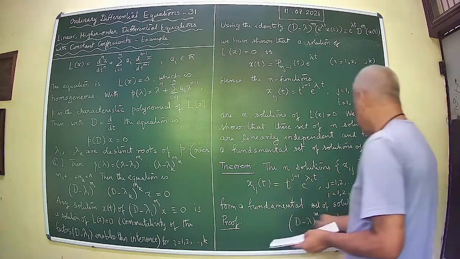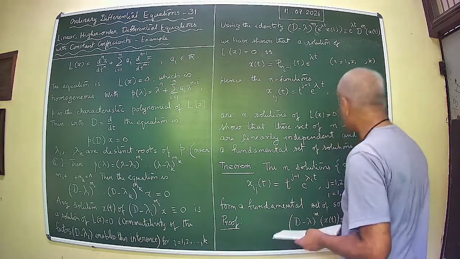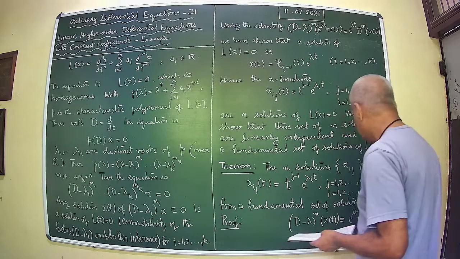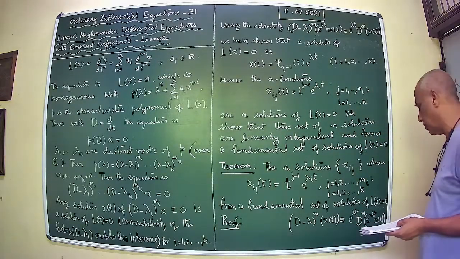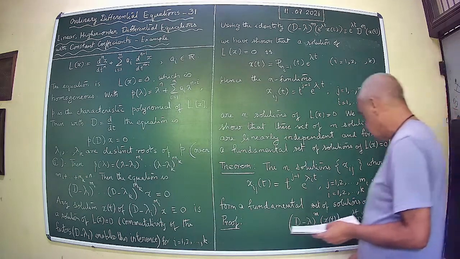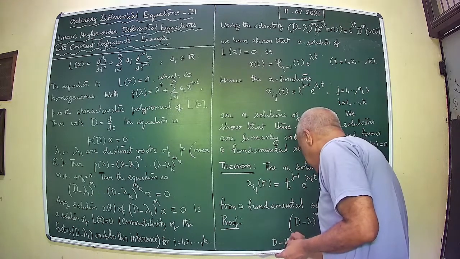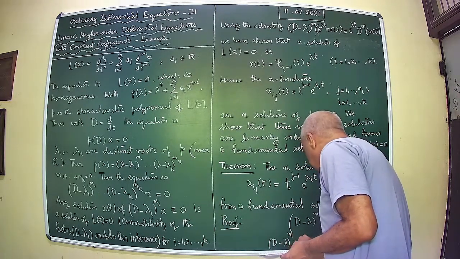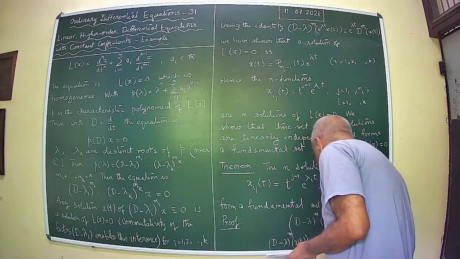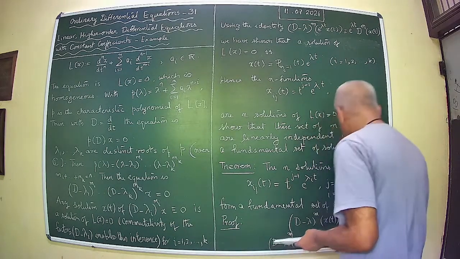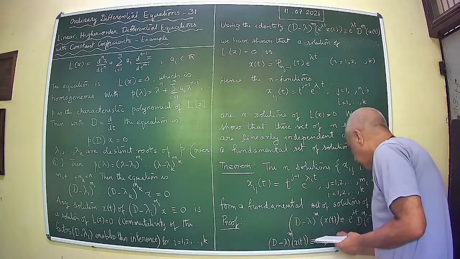And this equal to 0 then means this equal to 0, which implies that you have e to the power lambda t times D to the power m of this equal to 0, and e to the power lambda t is not equal to 0. Therefore, (D minus lambda) to the power m x(t) is identically equal to 0 implies you have D to the power m.